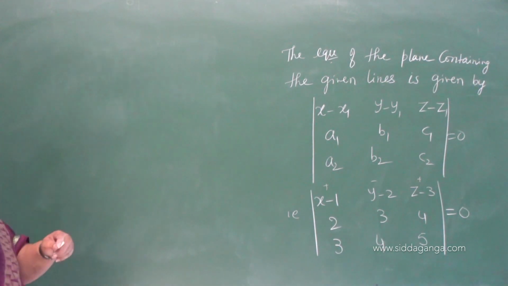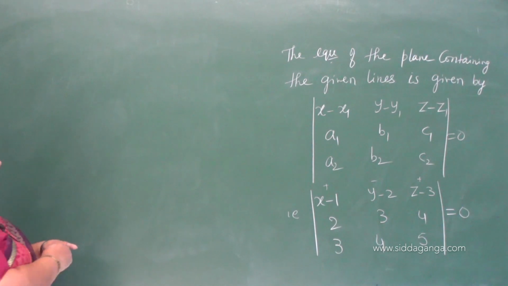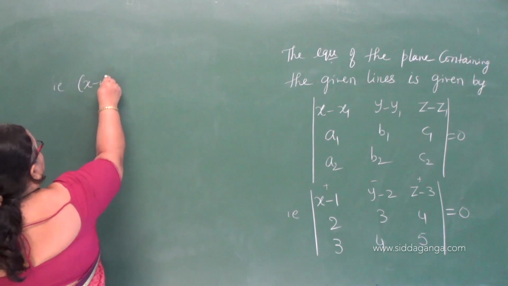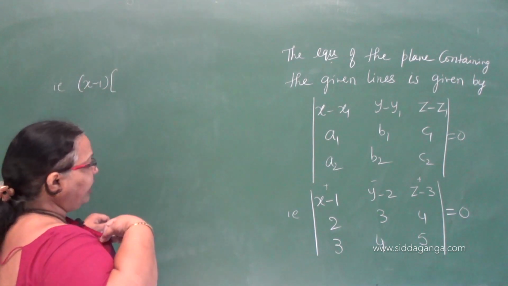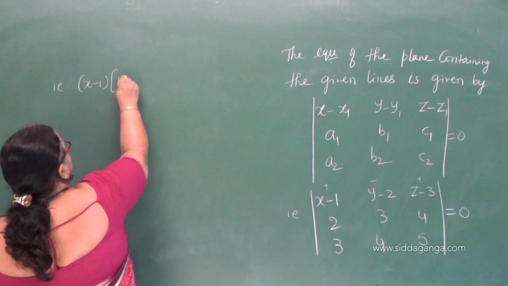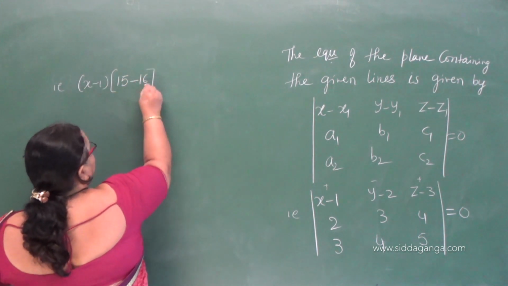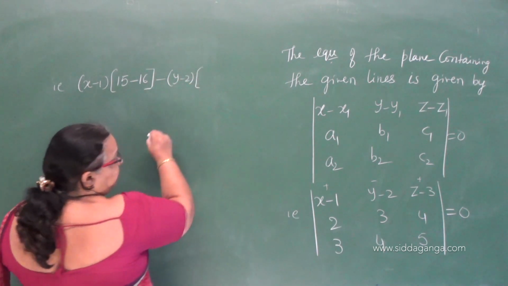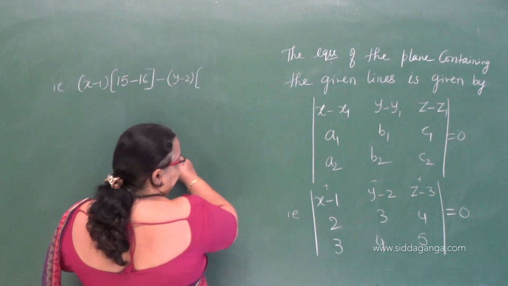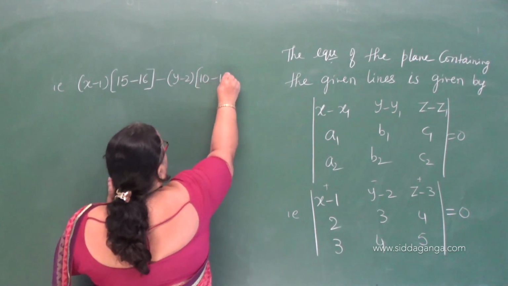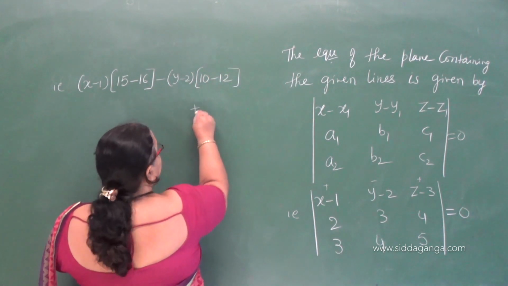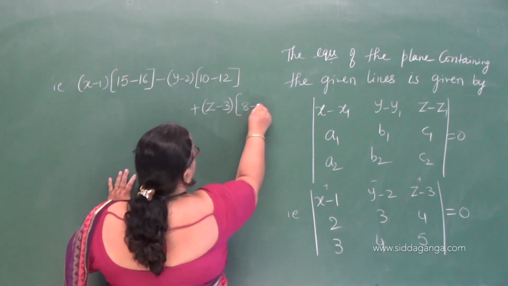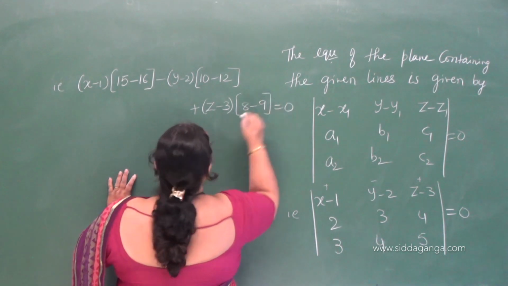Expanding along R1, that is x minus 1 into 5 3s are 15 minus 16, next minus of y minus 2 into 5 2s are 10 minus 12, next plus z minus 3 into 8 minus 9 equal to 0.